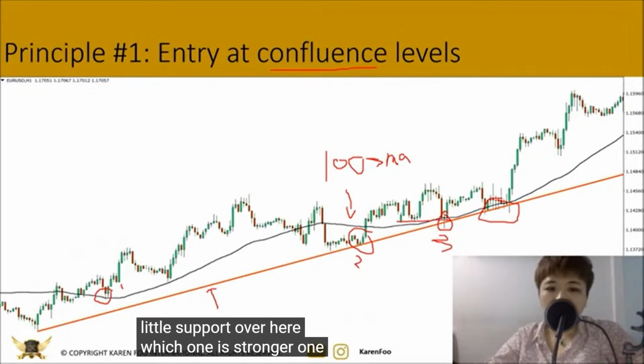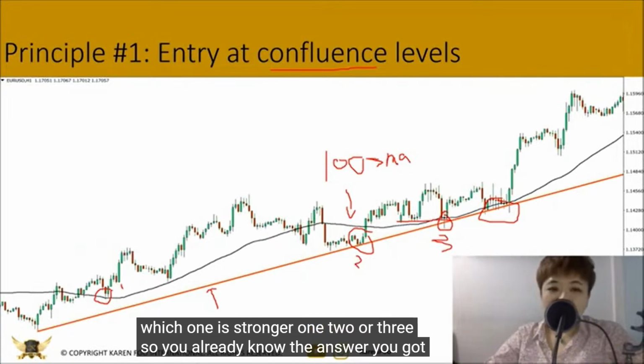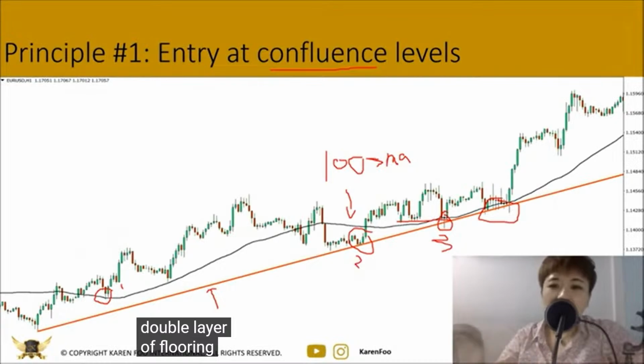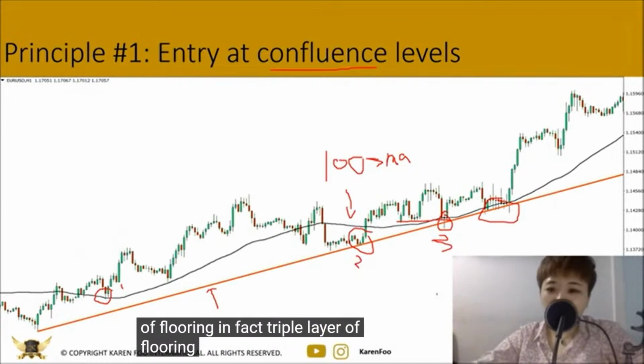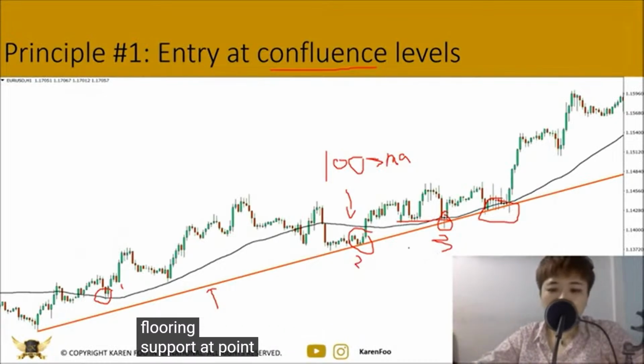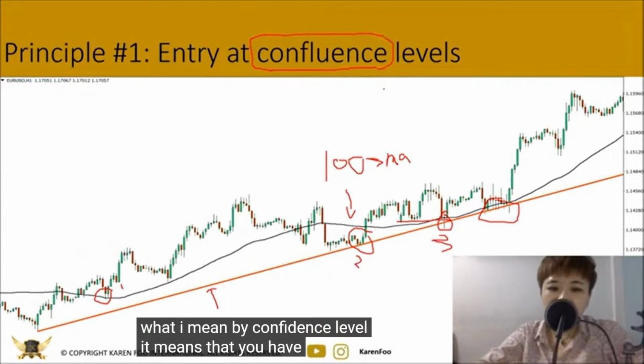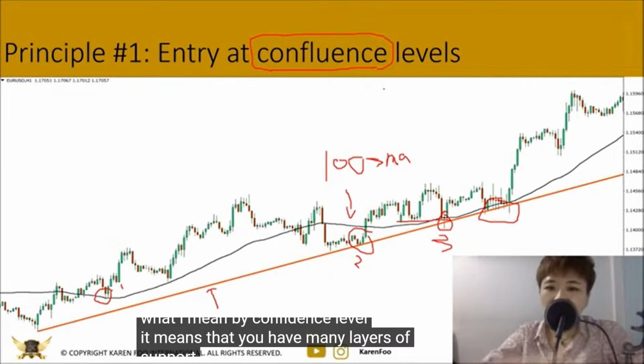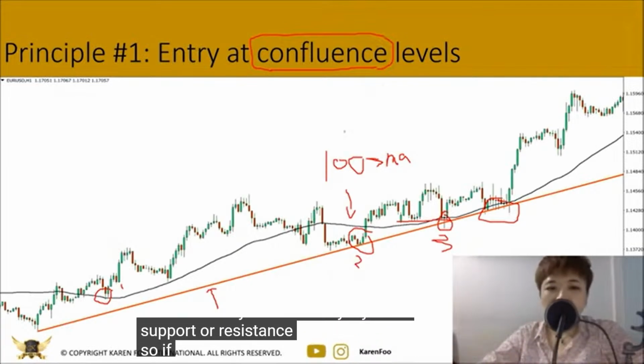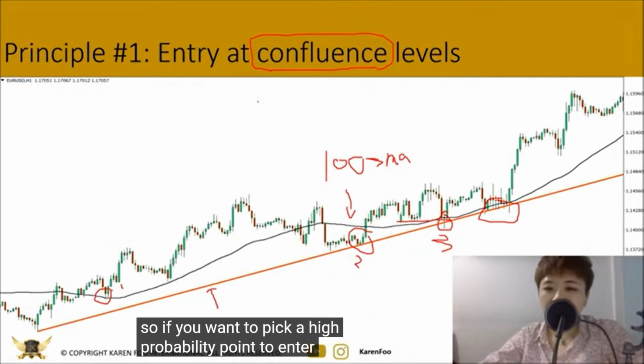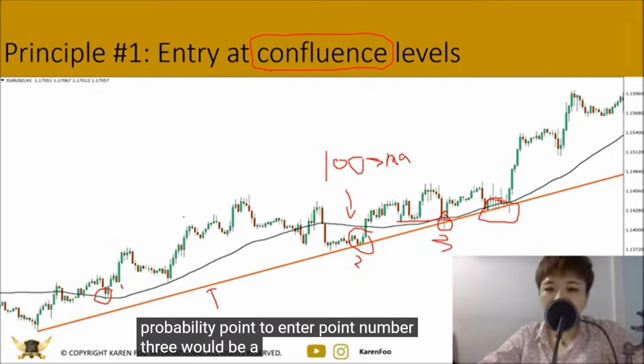Which one is stronger? 1, 2, or 3? So you already know the answer. You got double layer of flooring, in fact triple layer of flooring support at point number 3. So this is what I mean by confluence level. It means that you have many layers of support or resistance. So if you want to pick a high probability point to enter, point number 3 would be a better place.